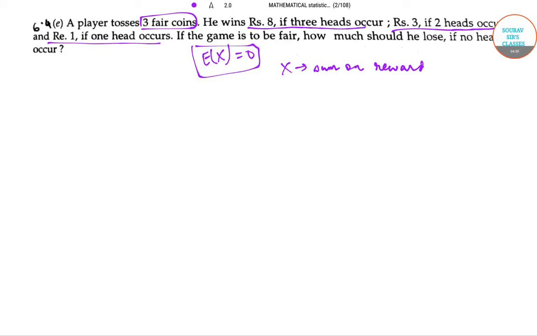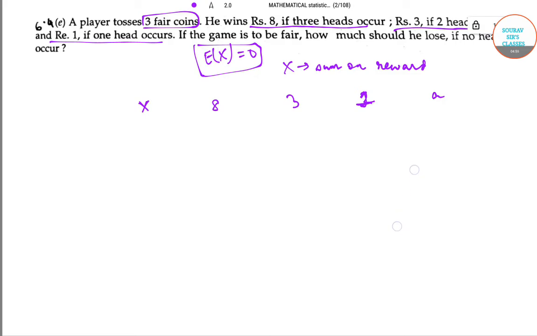It would be easier for us to understand the sum x, which is the amount you would be getting or losing: 8, 3, 1 and a. Then the number of heads: 3, 2, 1 and 0.